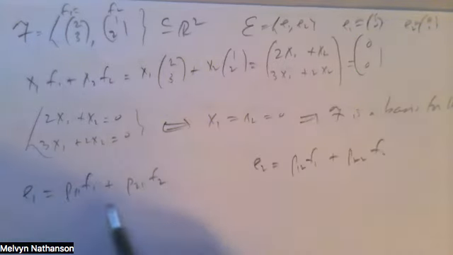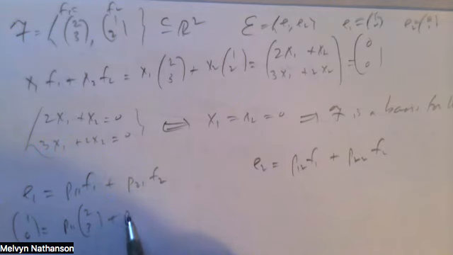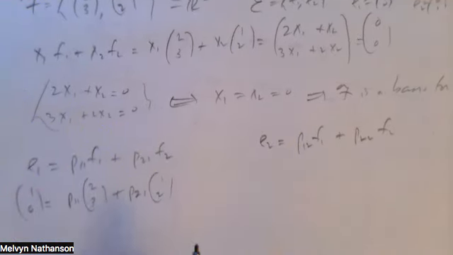So I want to find these numbers. This is 1, 0 equals p1,1 times f1, which was 2, 3, and p2,1 times f2, 1, 2. Let me see if I can solve these equations.